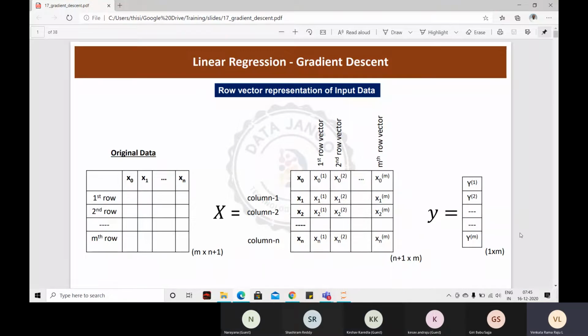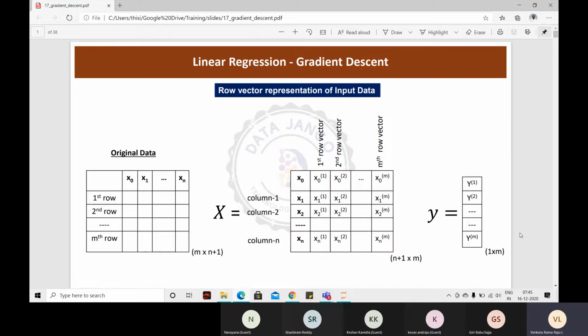Because in industry, it is all huge volumes of data. You will not find small data sets, especially in image processing and text processing. Even if the data set is small, when you convert it to numbers, it becomes a huge data set. So the algorithm should have the capability to handle huge volumes of data.